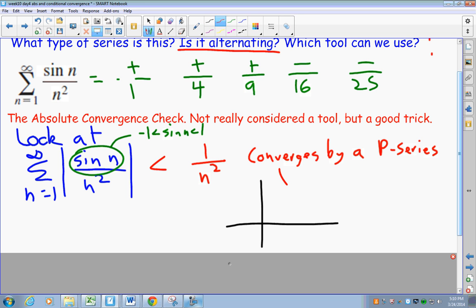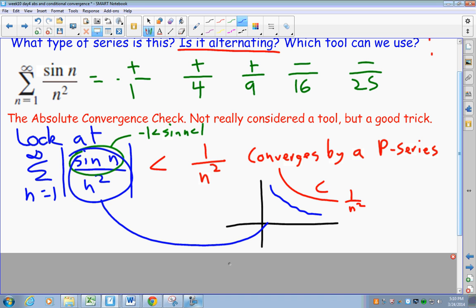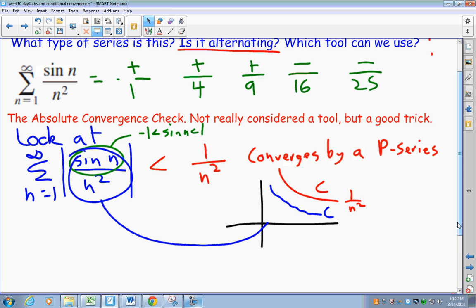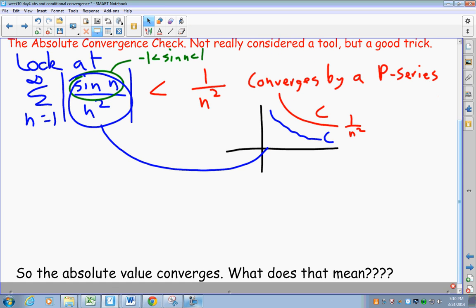And the 1 over n squared guy, this thing converges. And this sine of n over n squared, the absolute value part, is always less than that. So he also converges. But that's not what the original question asked for.